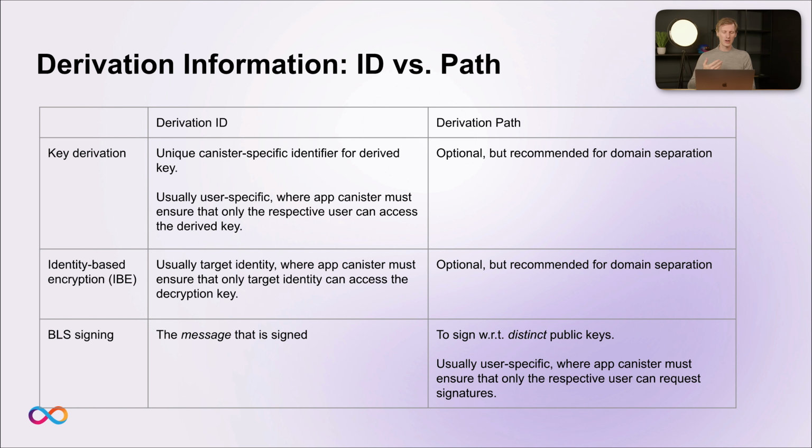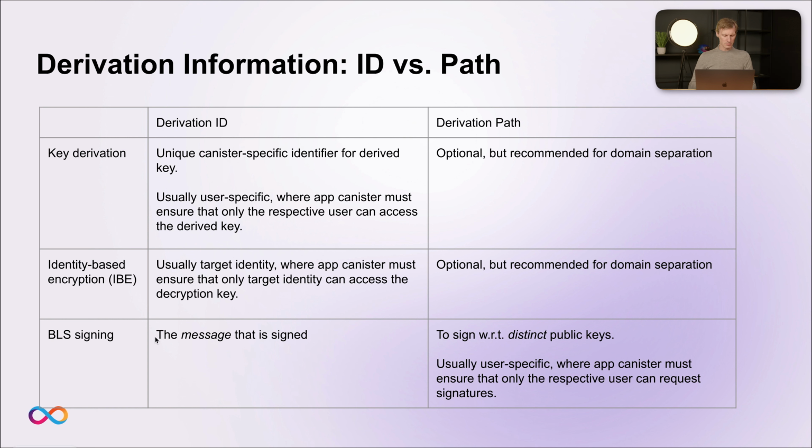And again, here, the app canister's job is to ensure that only the target identity can actually get access to the respective decryption key, so that no one else but the user for which the encryption is intended can decrypt. And the derivation path in this use case is optional, but we recommend to use it still for domain separation.